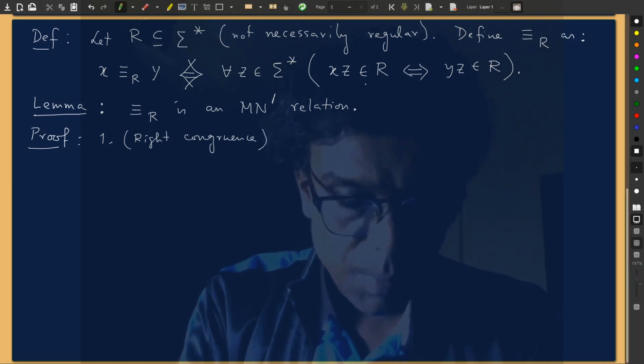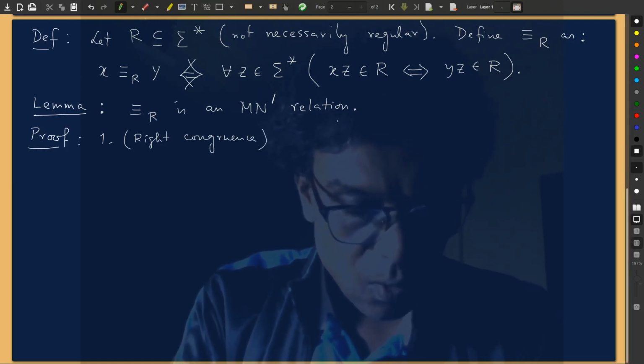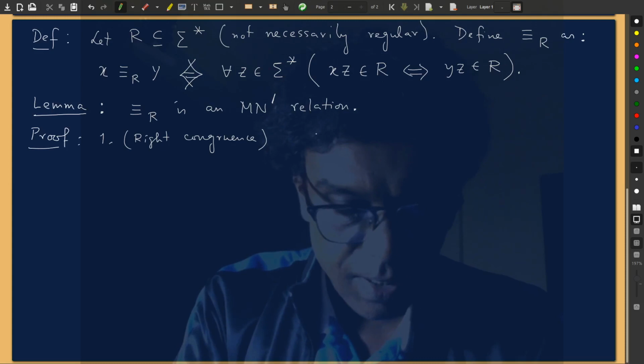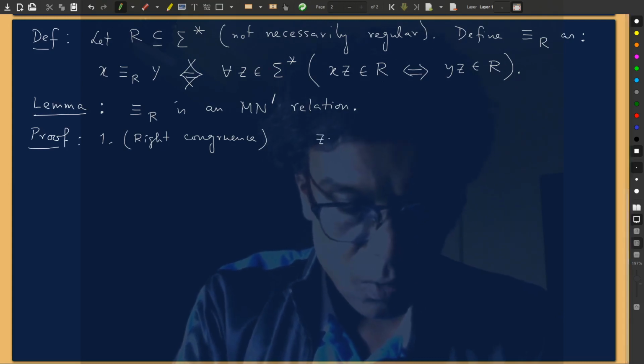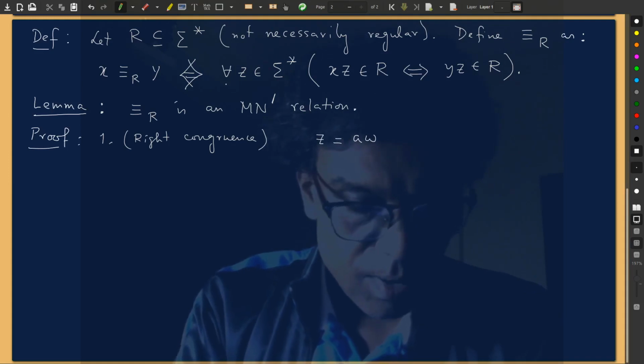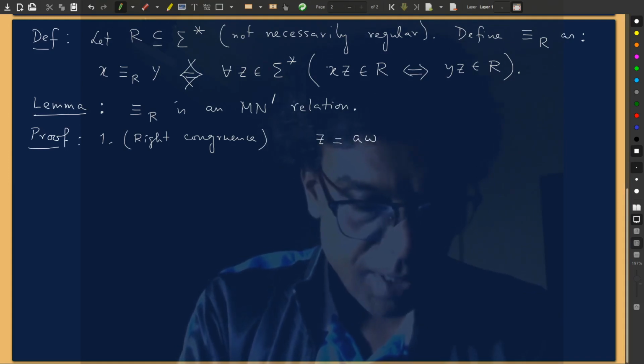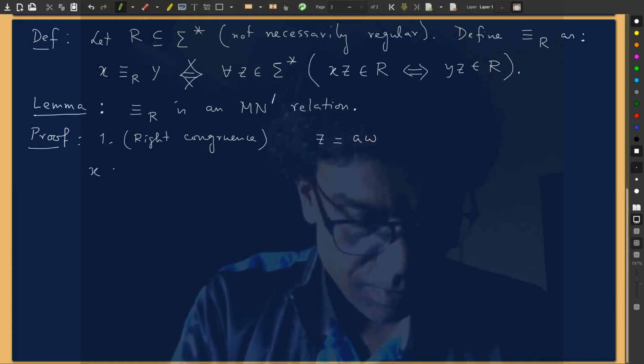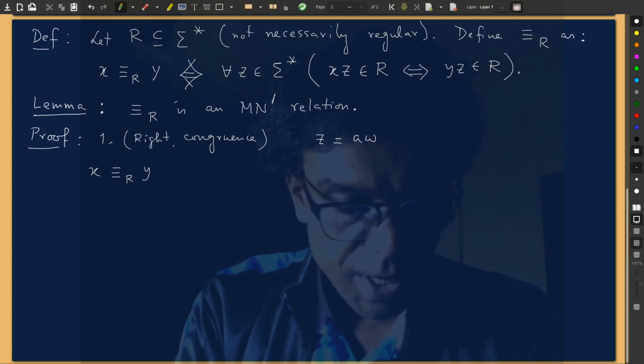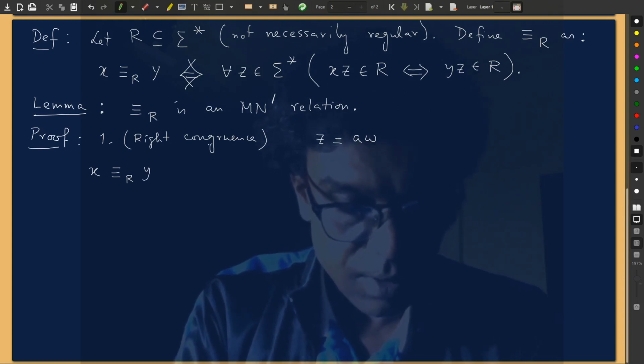So this is the property. For example, if I take z equal to aW, then this condition implies that, suppose x is equivalent to y with respect to this relation.